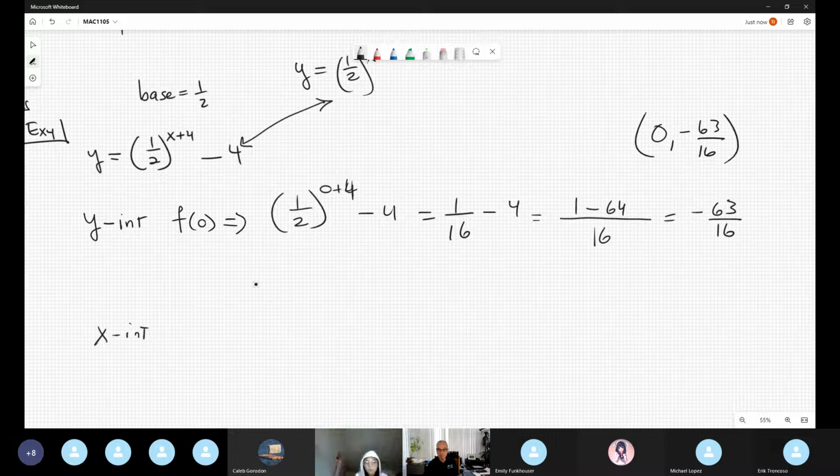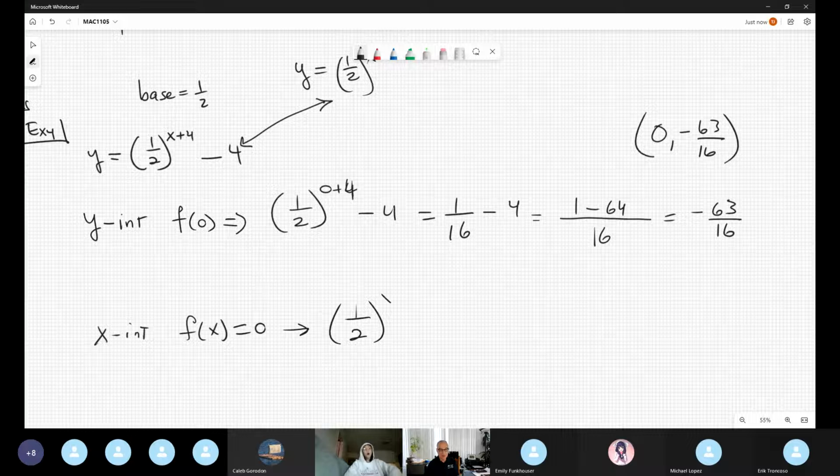You see it in this one now. And the x-intercept is f of x equals 0. In other words, you take this and put it together: 1/2 raised to the x plus 4, minus 4 equals 0.